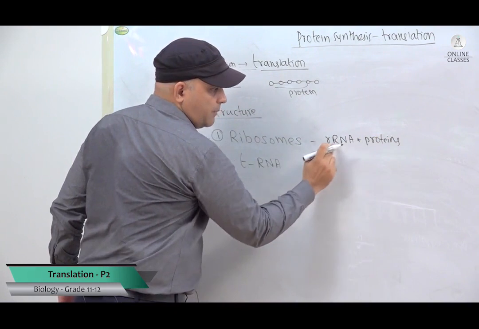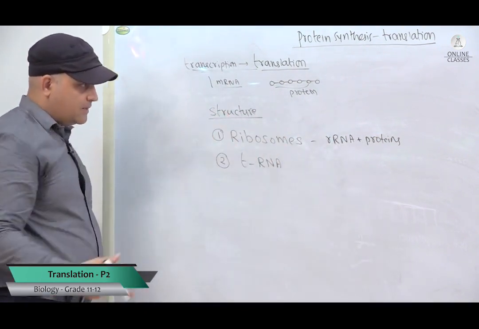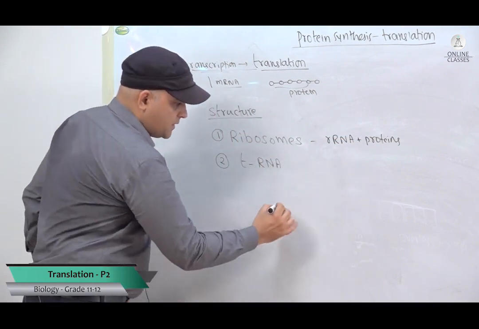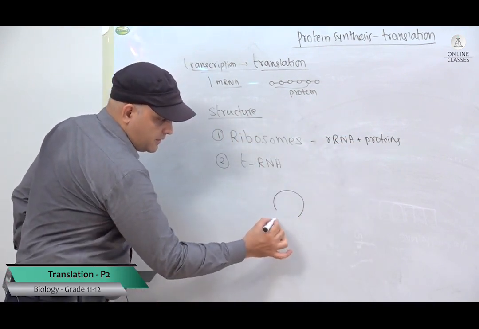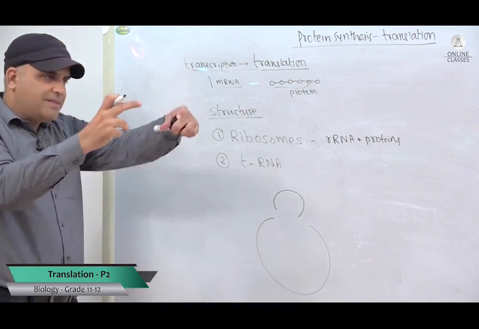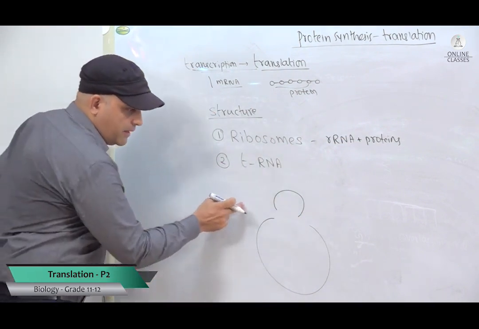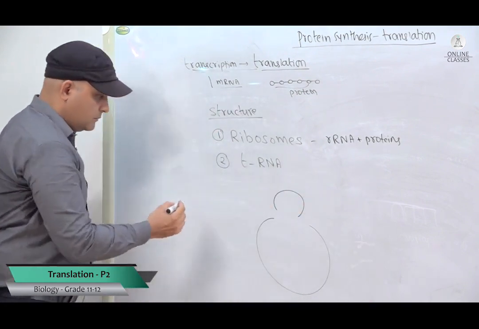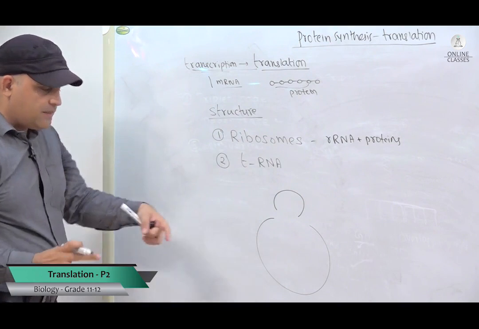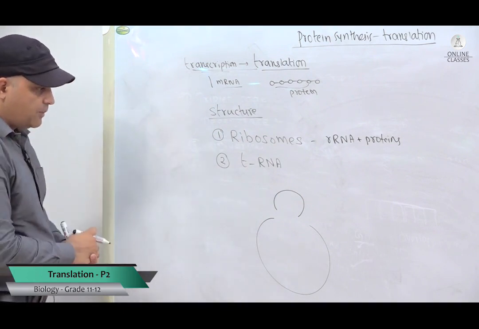Chemically, they are made up of RNA, again nucleic acids, plus proteins. They have two subunits. One is called the smaller subunit, the other one is called the larger subunit. Two subunits which are present separate, but once the mRNA comes, they attach and join together. But otherwise, they will be separate entities lying in the cytoplasm.